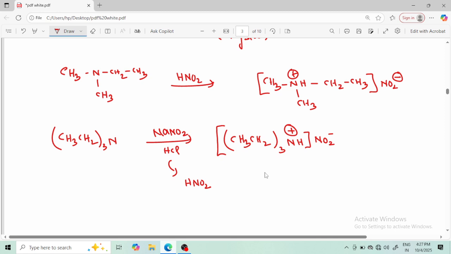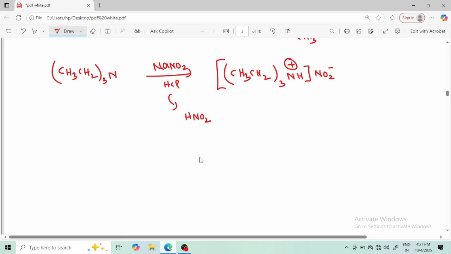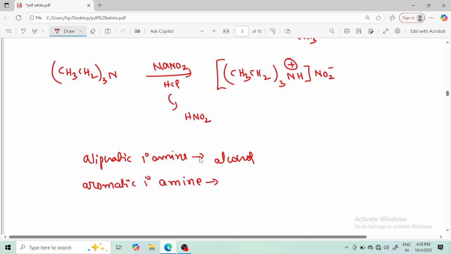Okay, now if I sum up this whole chemical reaction, if it's aliphatic 1 degree amine, it gives you alcohol as final product. If it's aromatic 1 degree amine, it gives you benzene diazonium salt, right?